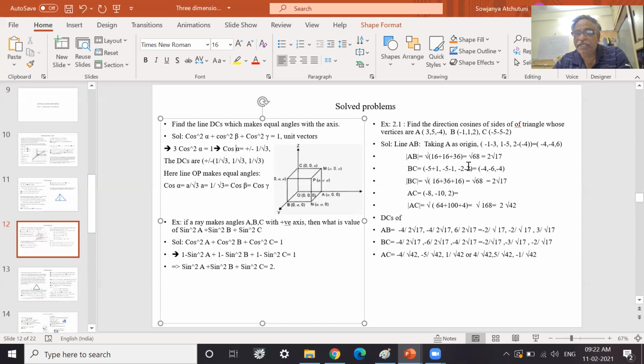For the BC line again, minus 4 by 2 root 17, minus 6 by 2 root 17, minus 4 by 2 root 17. Similarly for AC, the same thing is given. Or if all three are minus, you can change the sign also. This gives me the direction cosines of the three sides of a triangle with vertices given in coordinates.